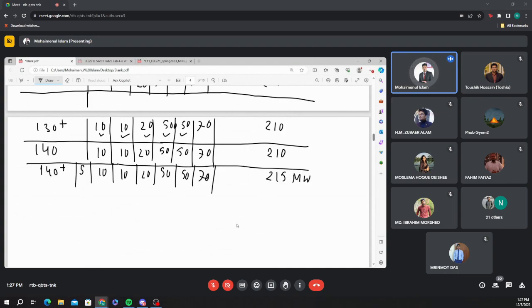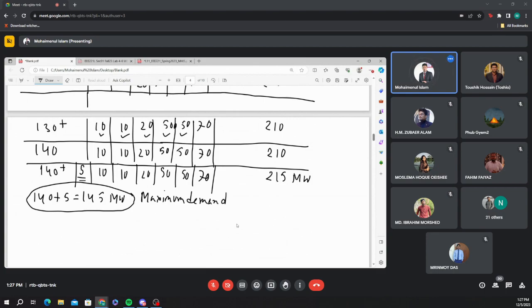Here you can observe that 140 plus can reach up to 140 plus 5, 145 megawatt. That is our maximum demand that we can support. That means the plant operation engineers can schedule 145 megawatt to be supplied from this power plant.